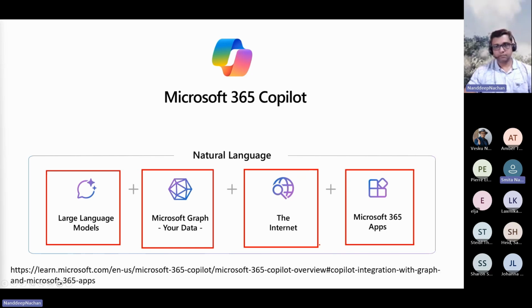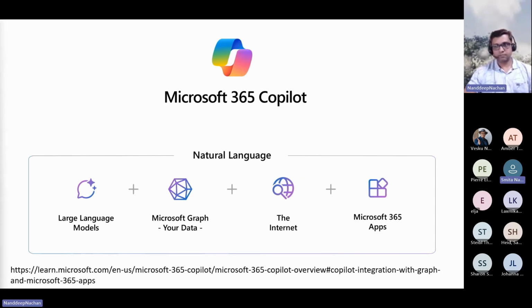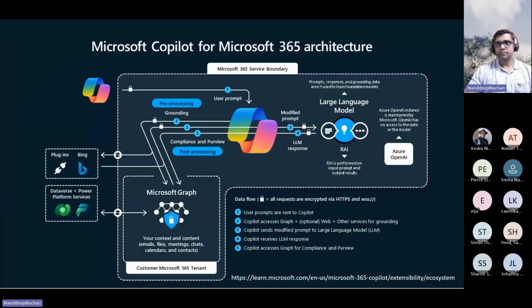It can be accessed through natural language across your Microsoft 365 apps to turn your words into the most powerful productivity tool on the planet. So let's go ahead and see the architecture. This image illustrates the architecture of Microsoft Copilot for Microsoft 365, highlighting how it interacts with user data and services to deliver the AI-powered assistant.